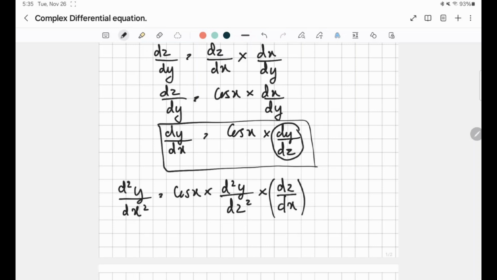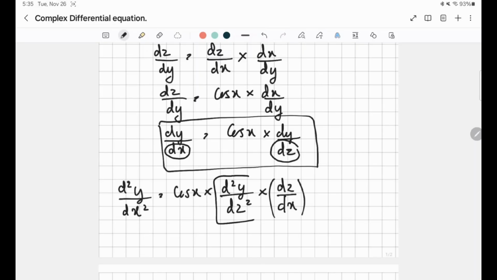Differentiating dy over dz gives the second derivative times another derivative, dz over dx. It's pretty simple: you just look at dz and dx. Don't overthink it; keep it simple when you have complex questions like this.